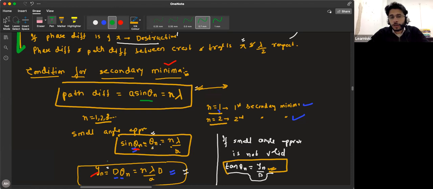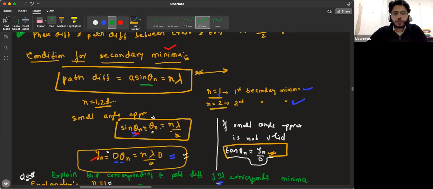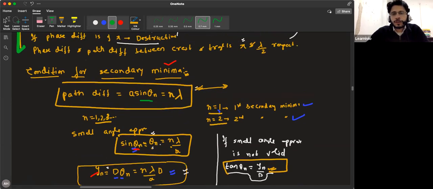And if after this angular separation I ask you to calculate the linear separation, you will just multiply this angular separation with capital D. What is capital D here, Ishma? It is the distance between the slit and the screen. So if small angle approximation is valid, write this expression. If it's not valid, then we use tan theta is y by D.